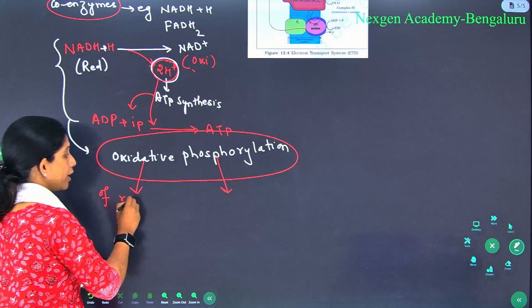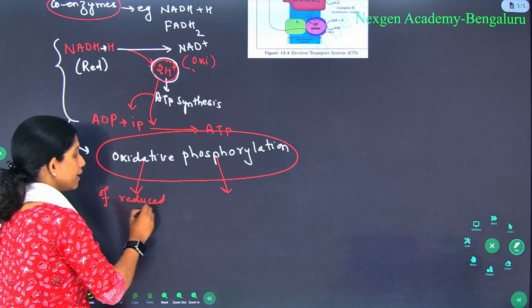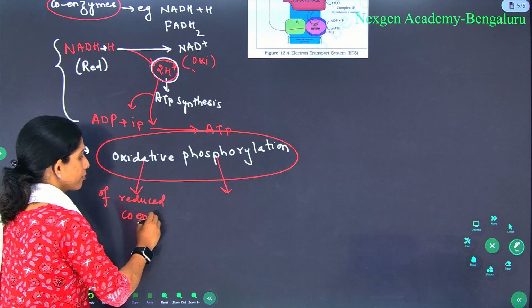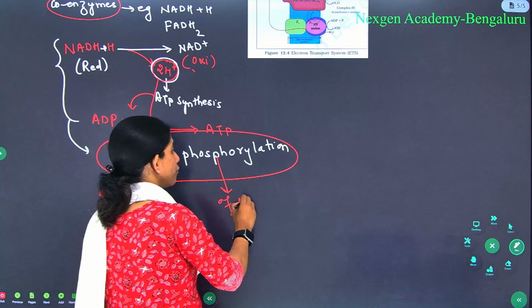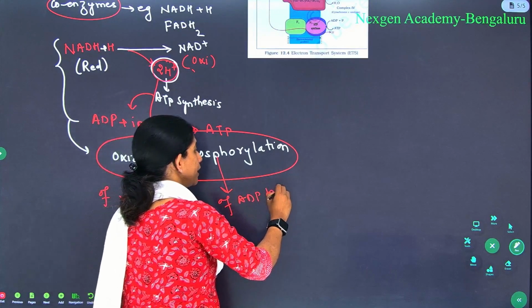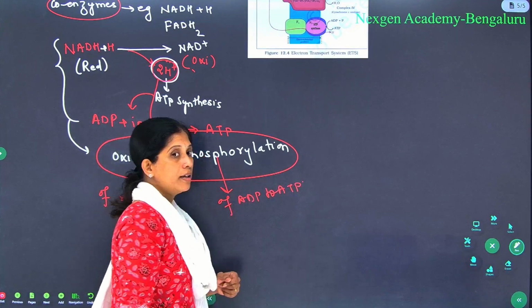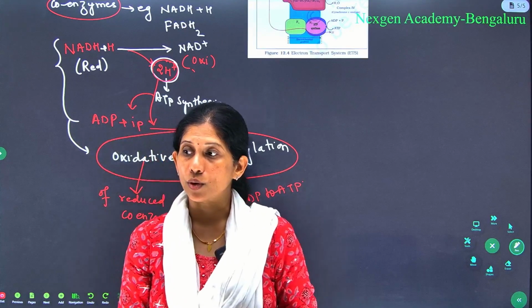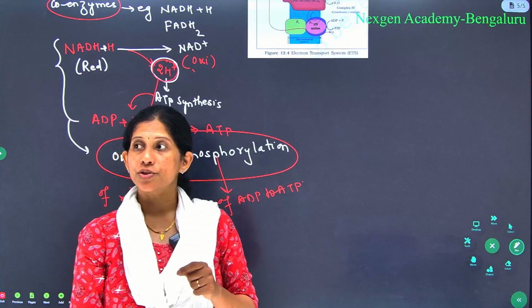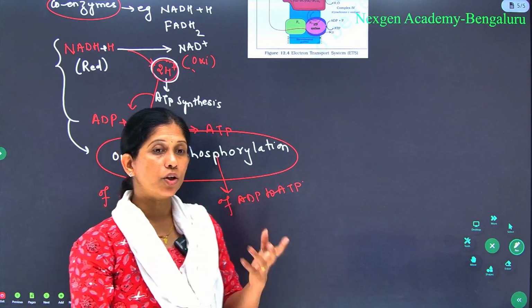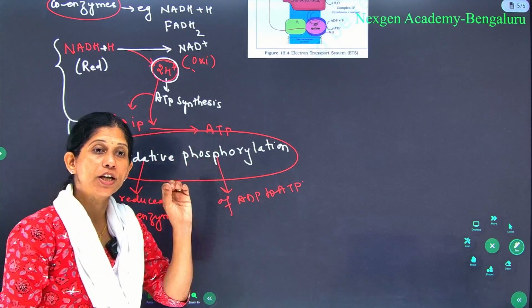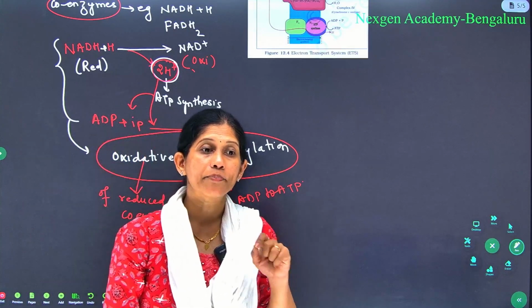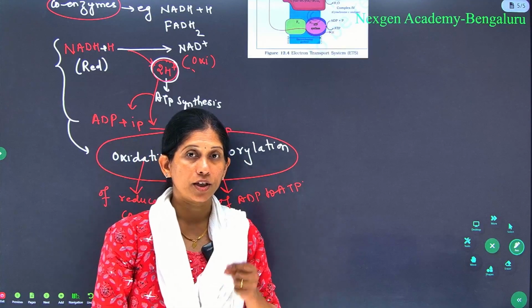Oxidation of reduced coenzymes, and phosphorylation of ADP to ATP. So this is a combined process.